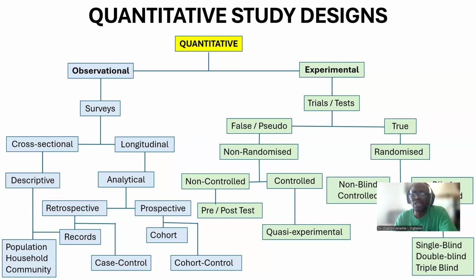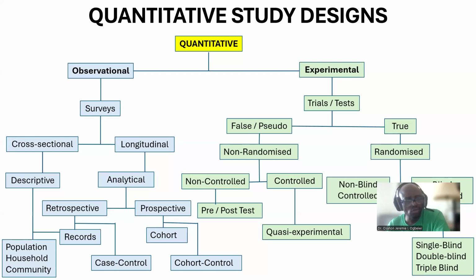If you selected the intervention group and the control group in a randomized way, that is the evidence that the study is a true experiment. And it is false if you selected based on what is convenient for you.